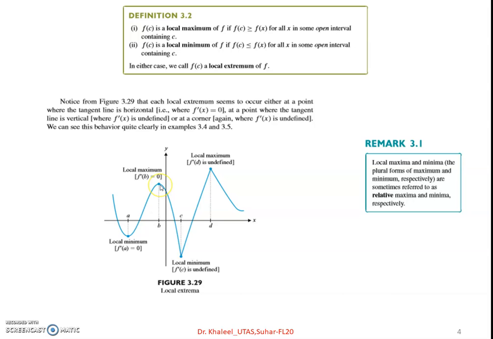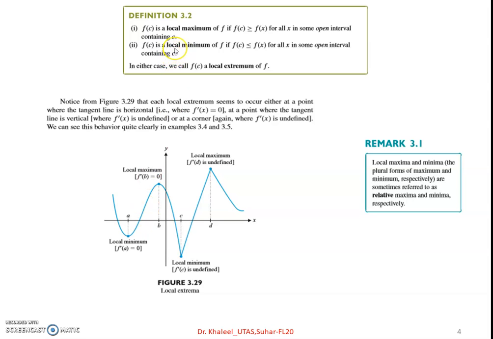And this is your f(c), and this is a local maximum for this open interval. But is it the maximum for the entire graph? No, because for this part of the graph, this is the maximum, but for the entire graph, this is the maximum. So this is the absolute maximum, this is the local maximum. So that is the difference.